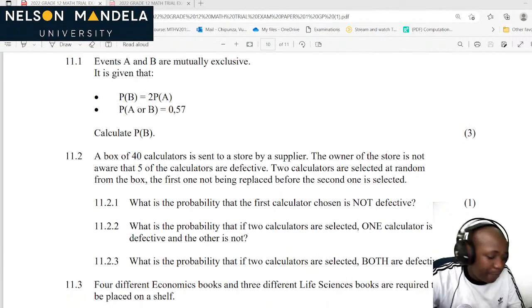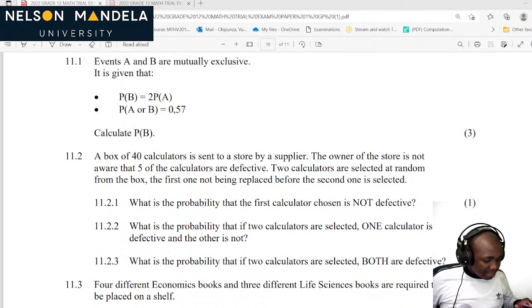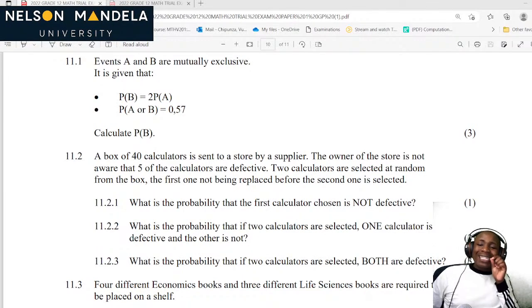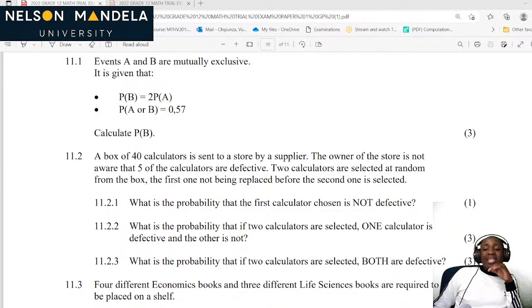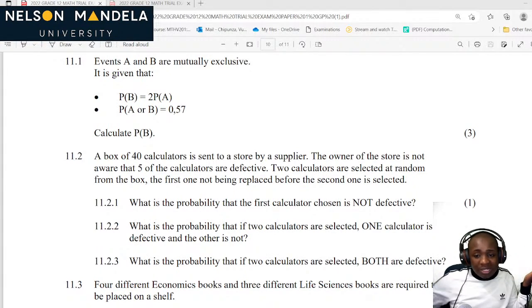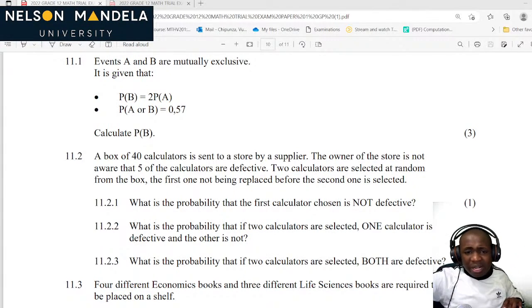Calculate the probability of B. Guys, first question, before we solve anything: what is mutually exclusive? When we say the events are mutually exclusive, what does that mean? It means the intersection is always equal to 0. That's already a guideline.